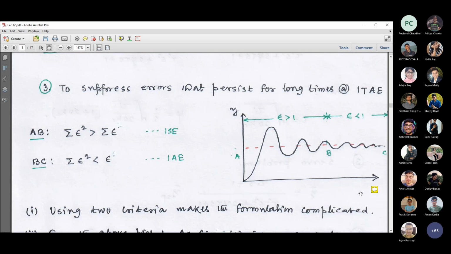Now we have divided it into two segments. One is AB, another one is BC. In the first segment AB, our error is greater than 1. And in the second segment BC, our error is less than 1. So if error is greater than 1, then error square is greater than error, which is written here.